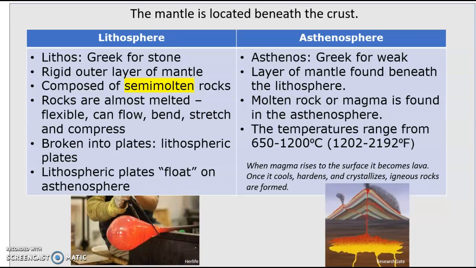And the temperatures here are very, very hot, ranging from 650 to 1200 degrees Celsius. So remember, water boils at 100 degrees Celsius, so this is very, very hot. And just a side note, when magma rises to the surface, it becomes lava. Once it cools, hardens, and crystallizes, igneous or volcanic rocks are formed.